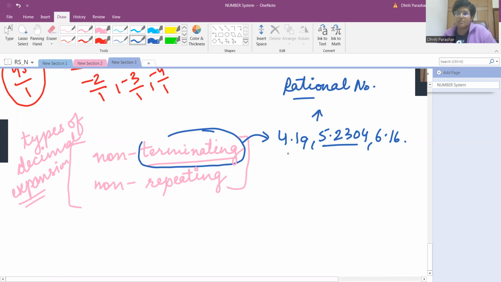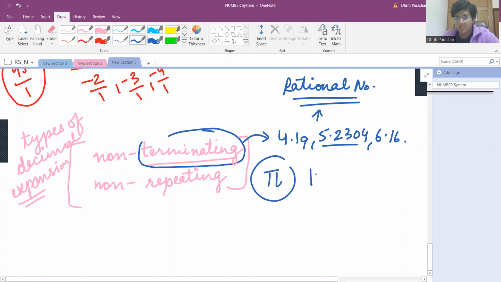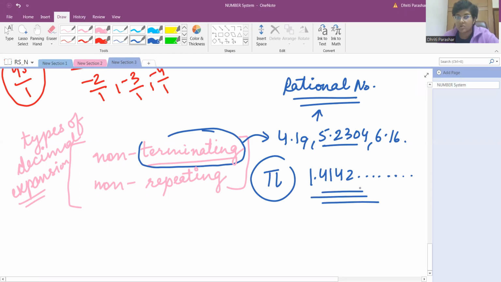But if there is a number, for example, pi, it's 3.14 something, something, something, and so on. This just goes forever and forever. There's a whole book that has the value of pi and it still does not end. This is non-terminating.